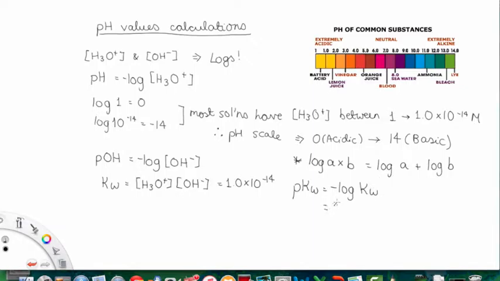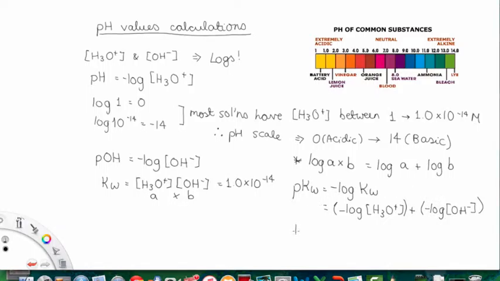And this is equal to the negative log of H3O plus, the negative log of OH minus. The reason why we were able to get this is because Kw is multiplying the hydronium ion concentration with the hydroxide ion concentration. And when you have the log of A times B, you can rewrite it as the log of A plus the log of B, and that's what we did, the negative log of the hydronium ion concentration plus the negative log of the hydroxide ion concentration.